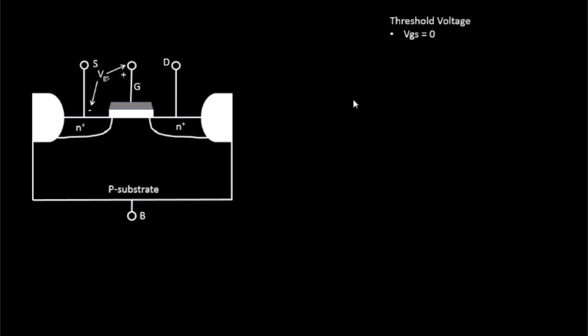Okay, and the second criterion for deriving the threshold voltage is that your drain, source and the bulk should be connected to ground. So let's try to connect the source, drain and body terminal to ground.